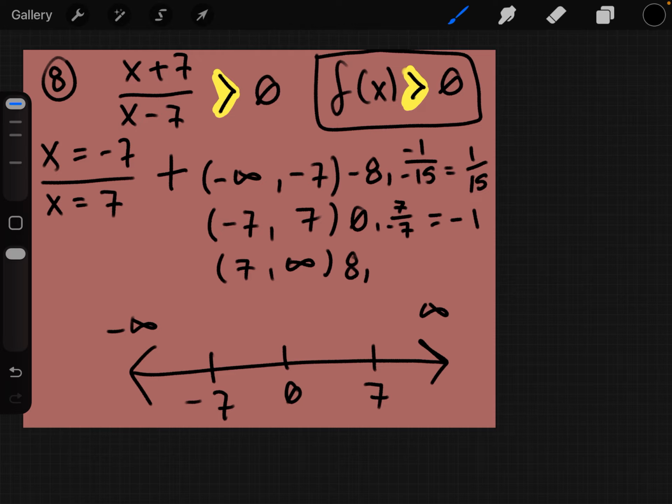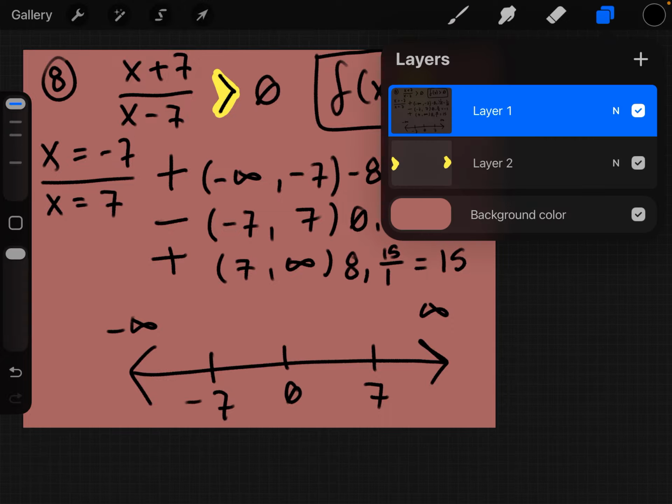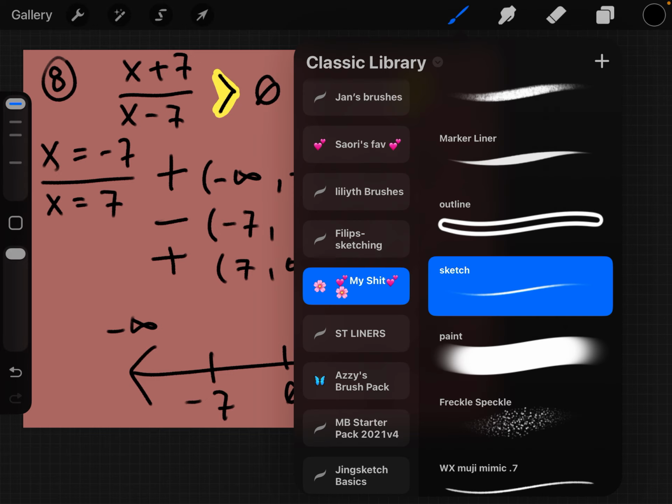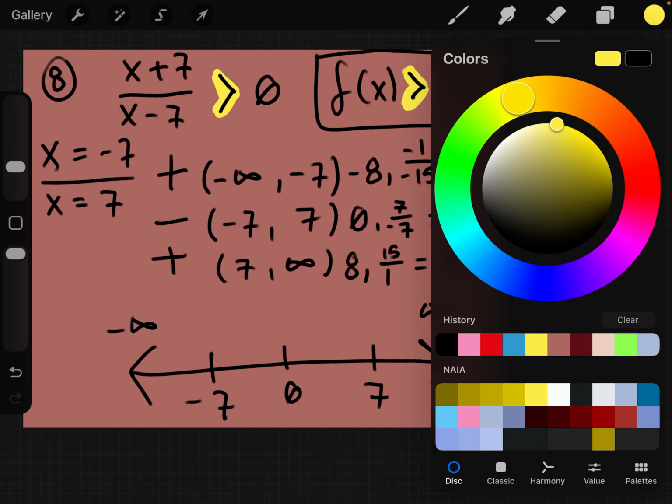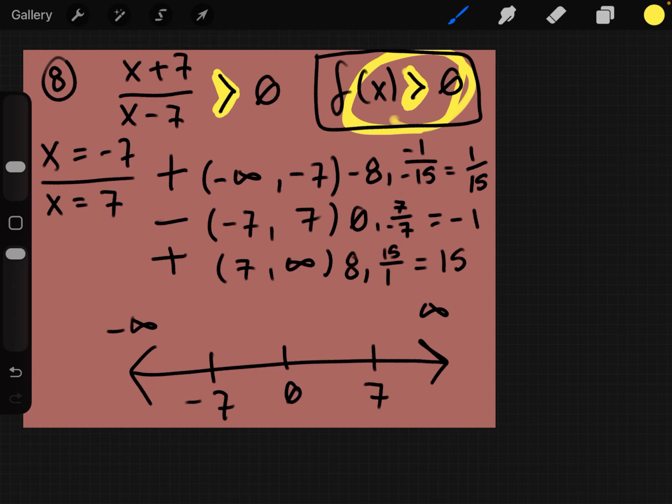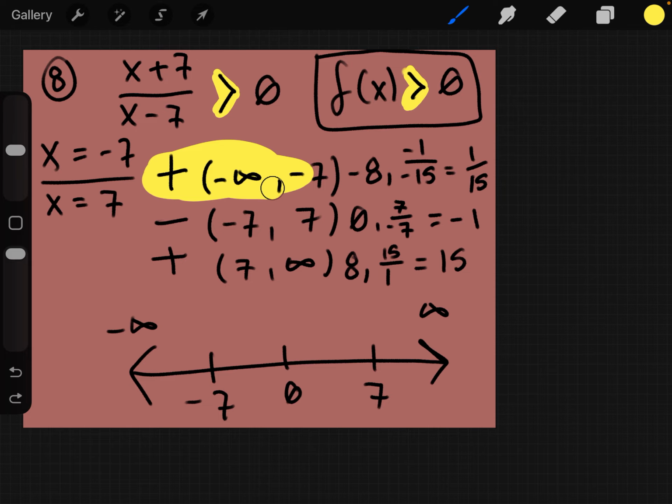This is negative 1. Negative. 8 plus 7, 15. 8 minus 7, 1. 15. Positive. This is greater than, so we need positive values. If it was less than, we would do the negative values.